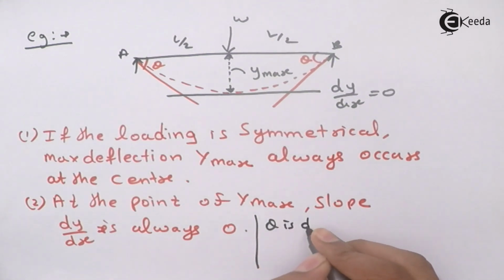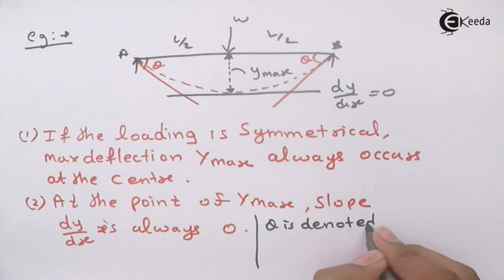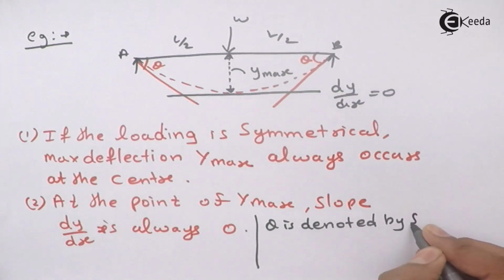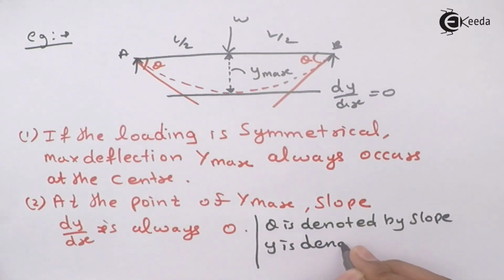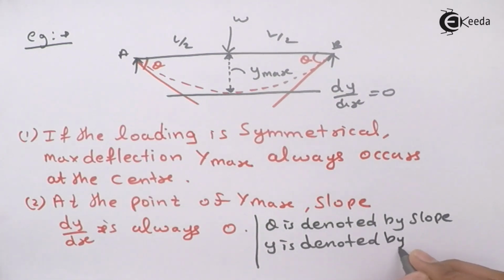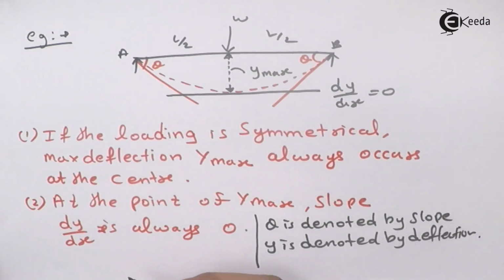Theta is denoted by slope and y is denoted by deflection, or you can write deflection is denoted by y and slope is denoted by theta.